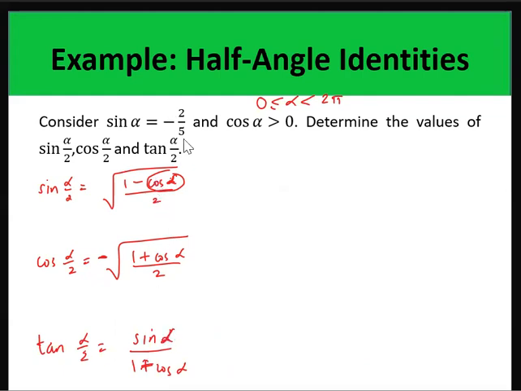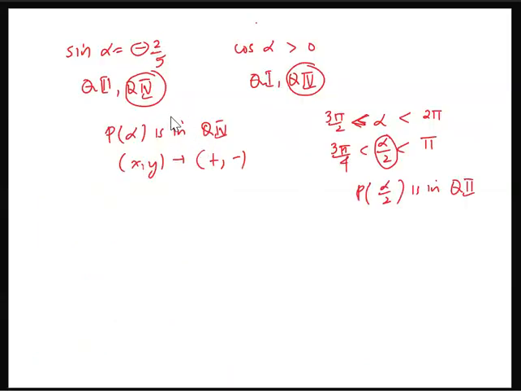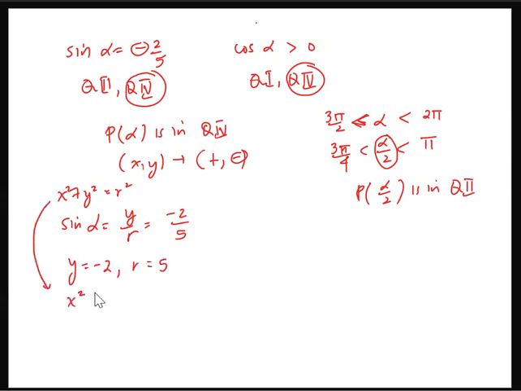And for sine alpha, we already have negative 2 over 5. So going back in the other slide, since sine alpha is defined as y over r, by using the relationship x squared plus y squared equals r squared, and y is negative, that means y is negative 2 and r is positive 5. So x squared plus y squared: 4 plus x squared is 25.